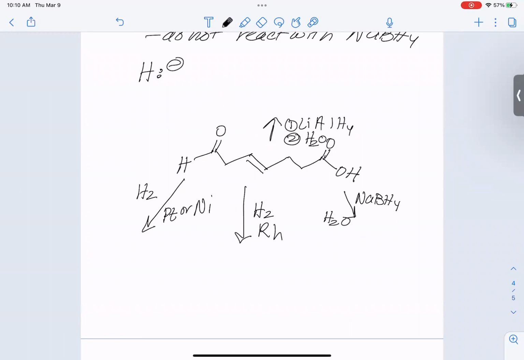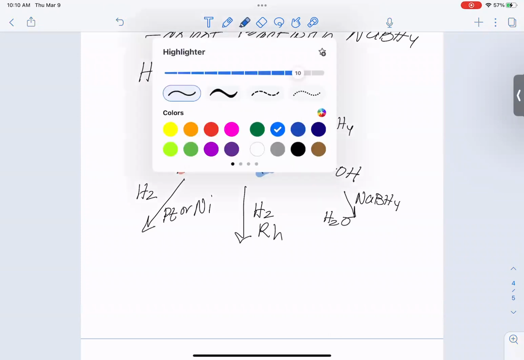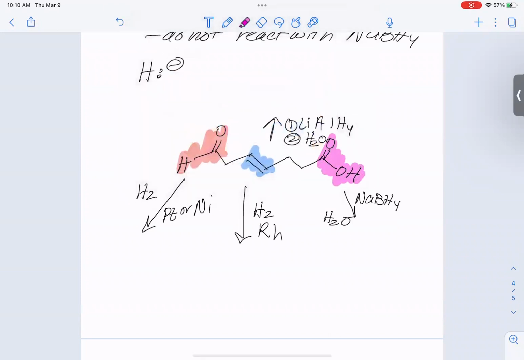All right, so you have an aldehyde, you have an alkene, and you have a carboxylic acid. Right? All of these can be reduced, okay, but they're not all reduced by the same reducing agents. So draw the 4 different products that you would get when you treat this one molecule with 4 different reducing agents.